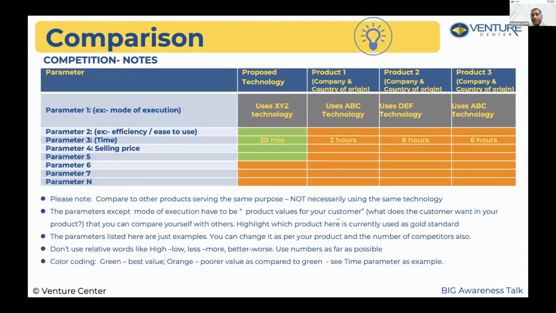When you compare it with other products, we always suggest that you should use a table with color coding in whichever way you want, in order to show how you compare with the different alternatives that are available.